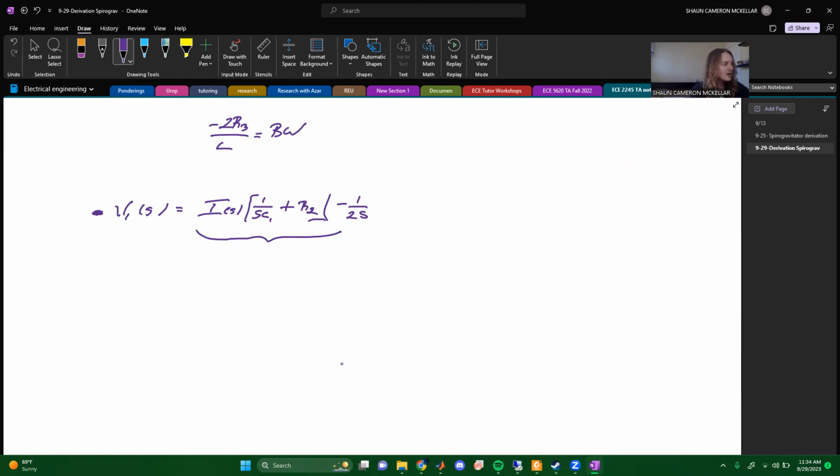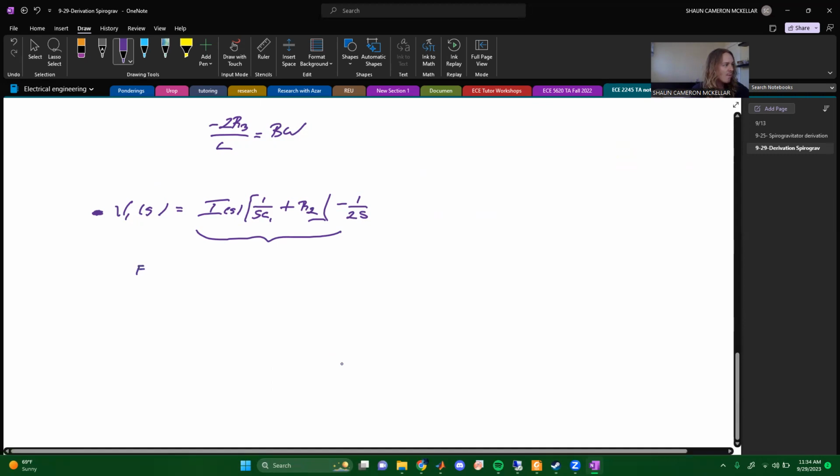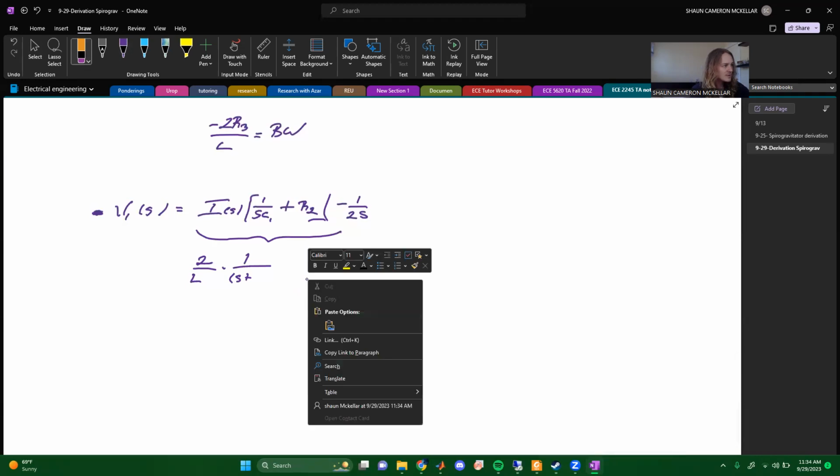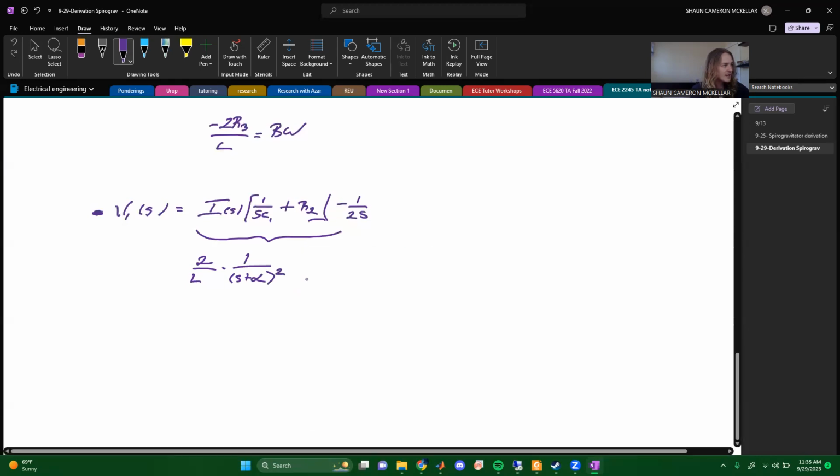I'm going to call this term f of s. And it's going to be equal to, we have 2 over L times 1 over S plus, sorry, I'm not going to call that f of s yet. So I'm going to continue writing out this left term.